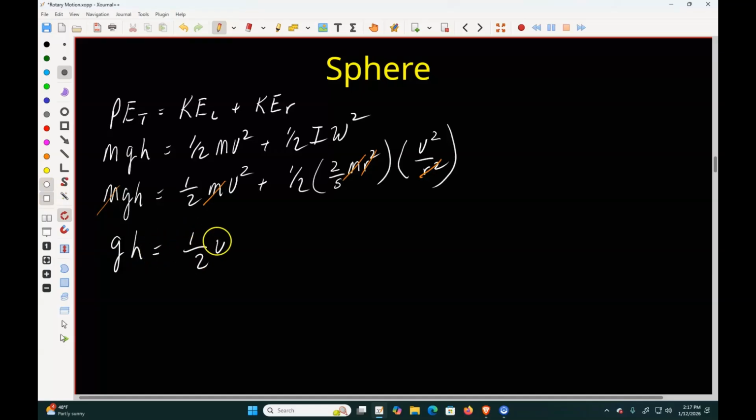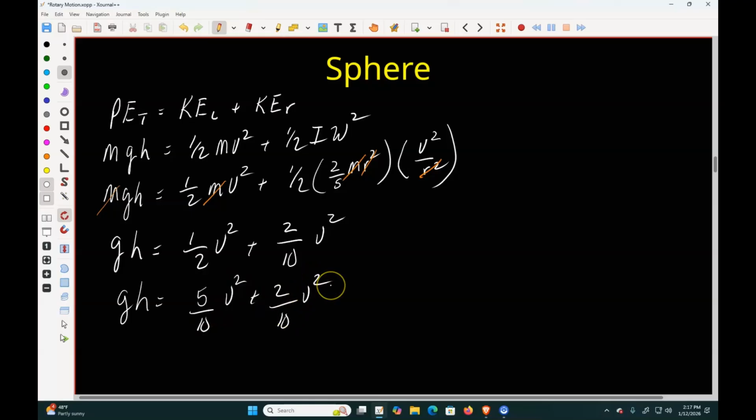So I have 1/2 v squared plus 2/10 v squared. Okay, the common denominator will be 10. gh is equal to 5/10 v squared plus 2/10 v squared. So gh is equal to 7/10 v squared.